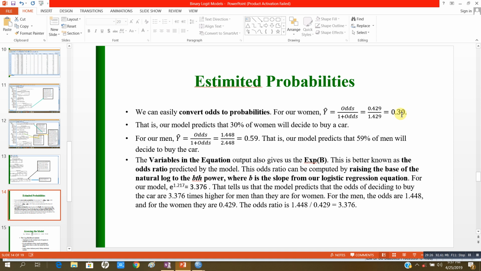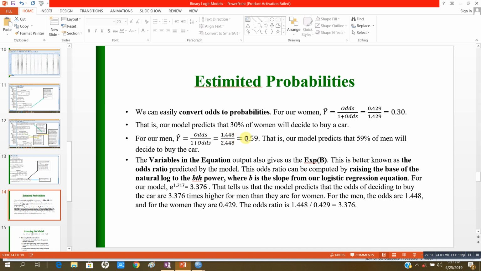Since the odds for the men are 1.448, the numerator is 1.448, and the denominator is 1.448 plus 1, that is 2.448. If we simplify that, it will give us 0.59. That is, our model predicts that 59% of men will decide to buy the car.